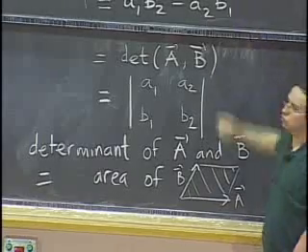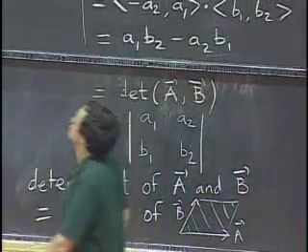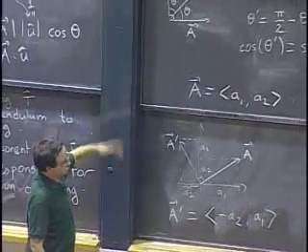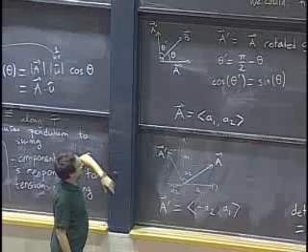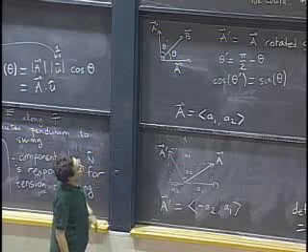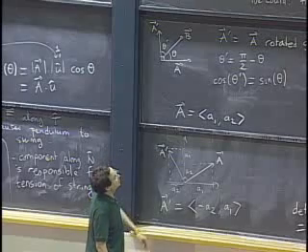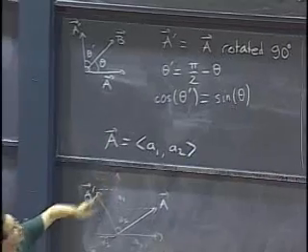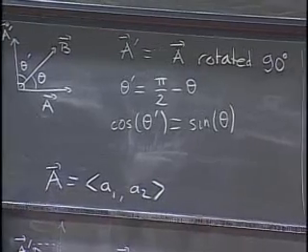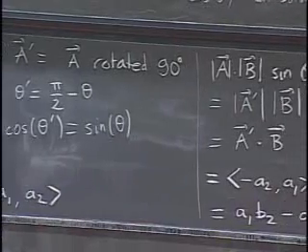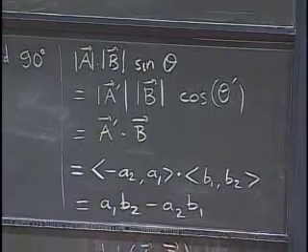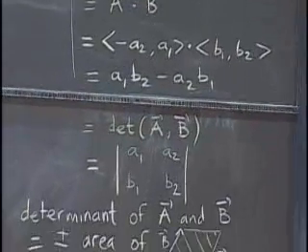This guy here has no reason to be positive or negative because, in fact, if you compute things, you will see that whether it's positive or negative depends on whether A and B are clockwise or counterclockwise from each other. I mean, the issue that we have, well, when we say the area is 1/2 length A, length B sine theta, that was assuming that theta is positive. Otherwise, if theta is negative, maybe we need actually to take the absolute value of this. So just to be more truthful, I will say the determinant is either plus or minus the area.